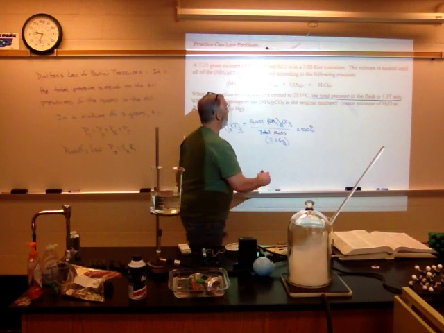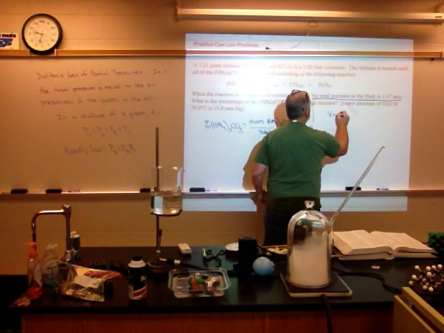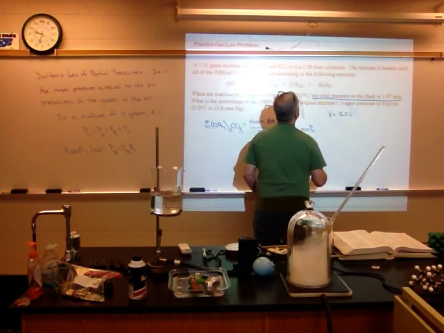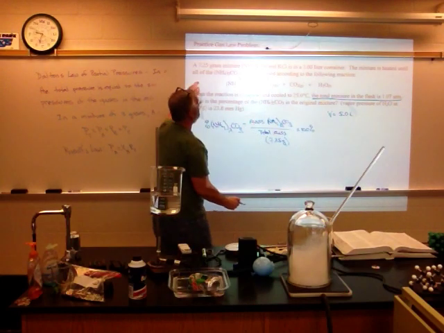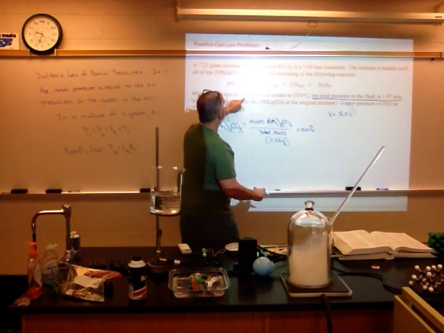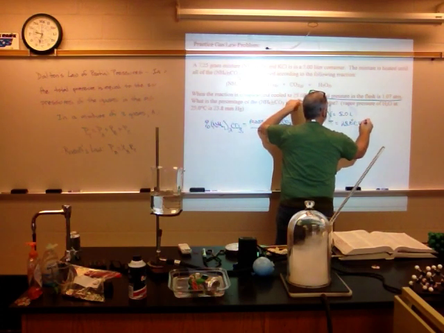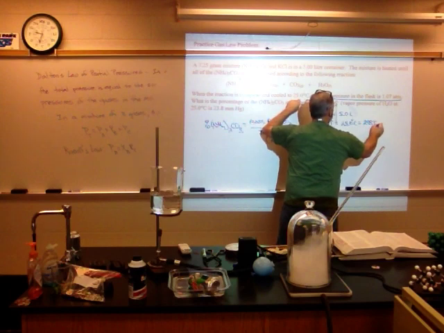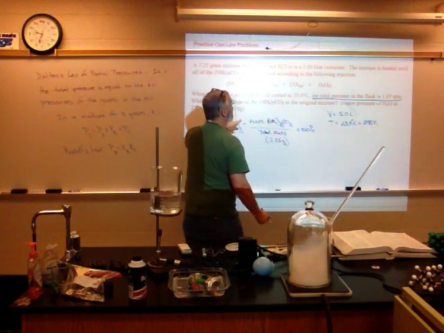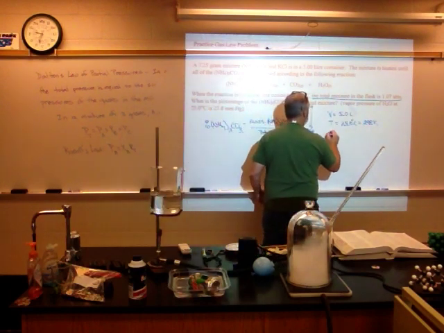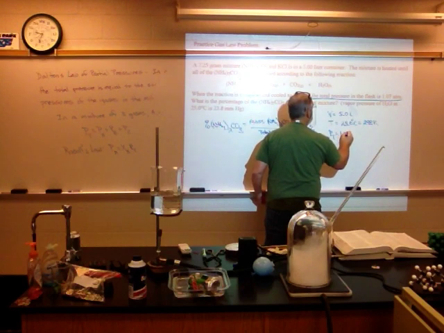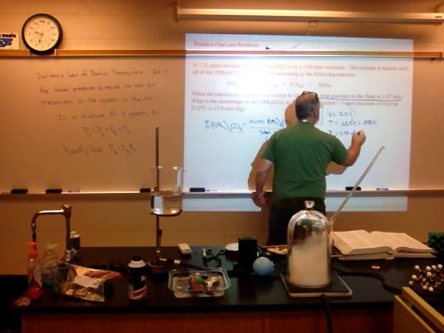I have a 5-liter container, so the volume is equal to 5 liters. It's heated until it's all decomposed. The reaction is completed and cooled to 25 degrees Celsius, which we know to be 298 K. The total pressure is equal to 1.07 atmospheres.